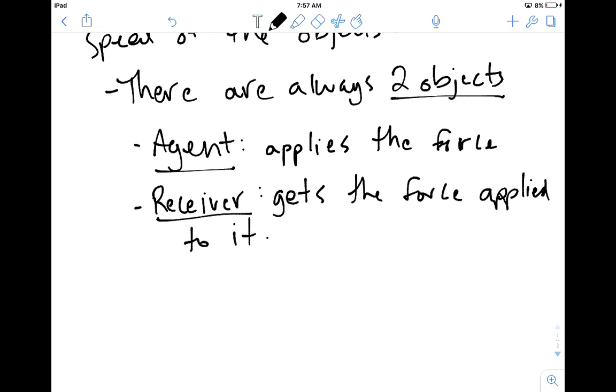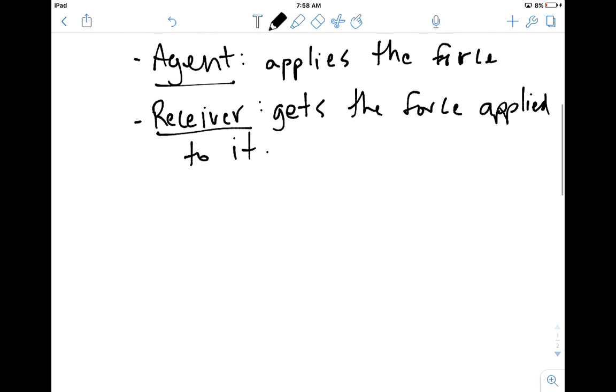Now that we've done that, I just want to give you the definition of a couple different types of force. We always use the symbol F for force, but there's a bunch of different types of forces, so we're also going to add a little letter to identify what type of force it is.